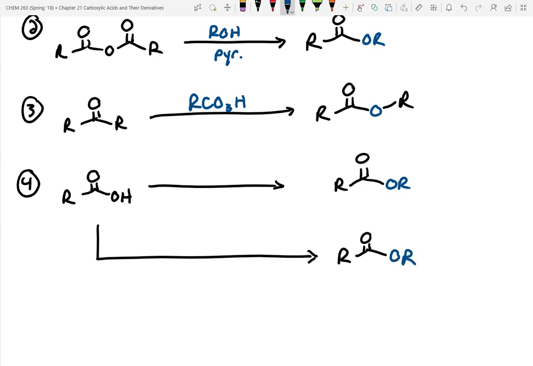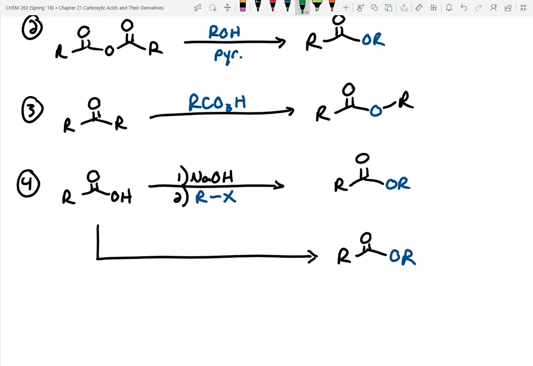The first one was under basic conditions, and for basic conditions, what you need is first to deprotonate our carboxylic acid with a base like sodium hydroxide. And then two, you need to react it with some sort of alkyl halide.